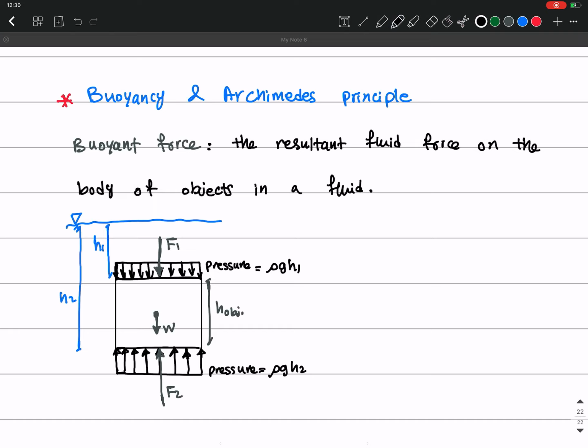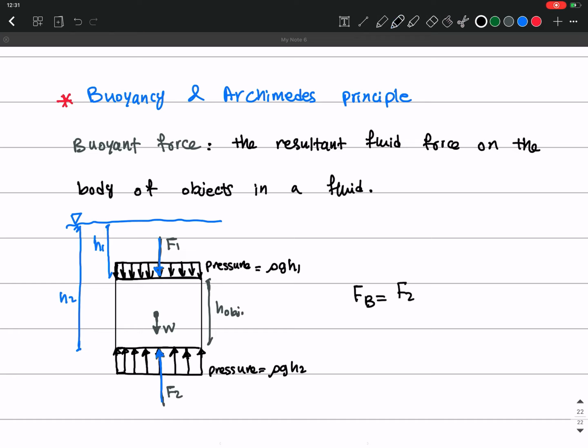So the buoyancy force is the resultant fluid force on the body of the objects in a fluid. Okay, so it's going to be the difference between these two forces, F2 minus F1, right?